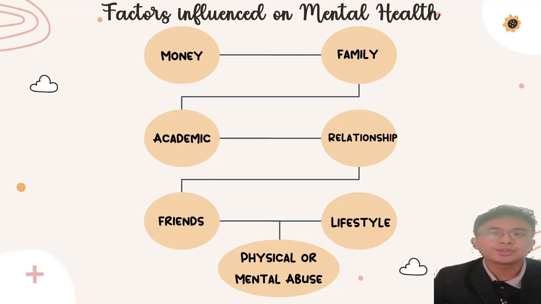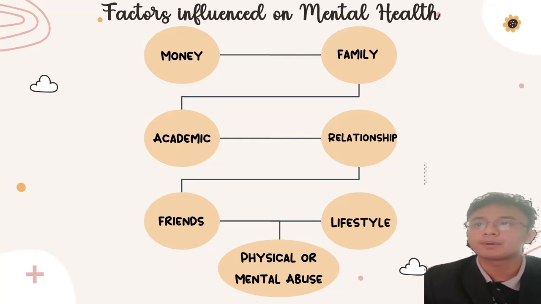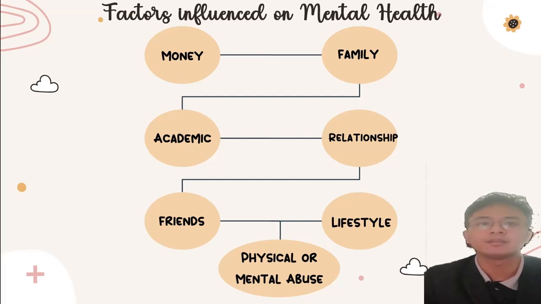However, there are some students who chose lifestyle, academic, money and relationship, which have the percentages of 19.8%, 8.9%, 5% and 5% respectively. The factor that least influences students' mental health is friends, which was chosen by only 2% out of 101 students that participated in this survey.